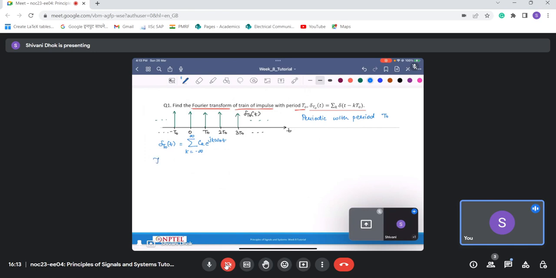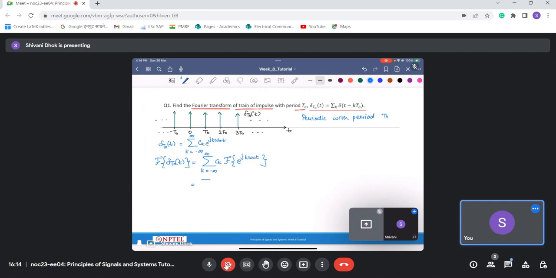Now the Fourier transform, you need to find the Fourier transform of this, is given as, using the linearity property, simply summation of k running from minus infinity to infinity. This ck is independent of t, so we can just keep it outside, into the Fourier transform of e power j k omega naught t.